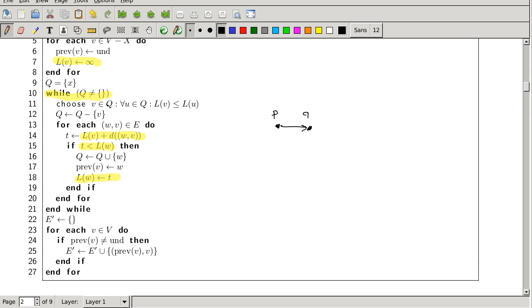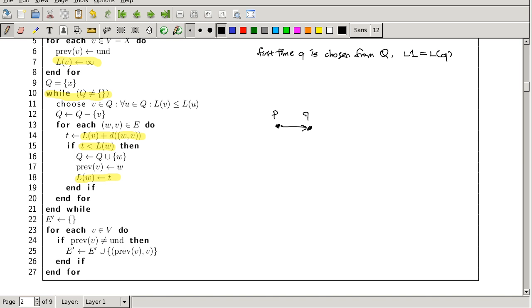So we will say that the first time lowercase q is chosen from uppercase Q, we'll use L1 as a constant to remember the L value of q at that time.